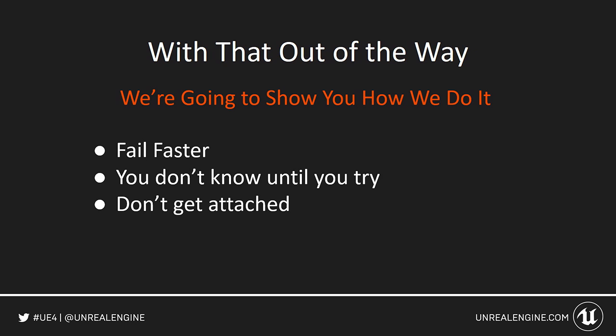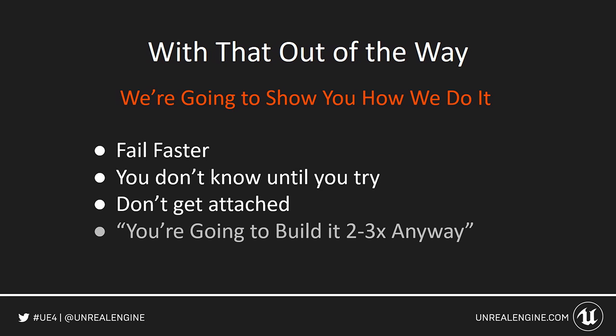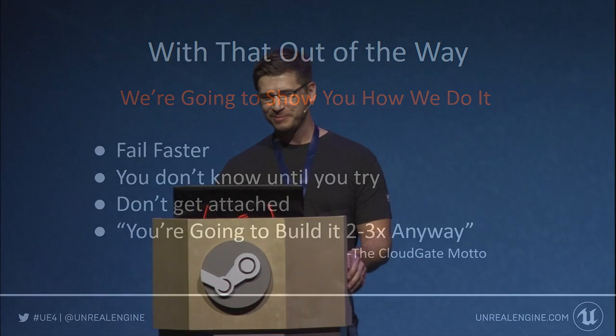We always say don't get attached to the first thing you make because it's probably terrible and wrong and there's probably a better way to do it. The CloudGate motto is that you're going to build it 2 or 3 times. So we get used to that mentality when we're building tools and features, and it's just how it works.